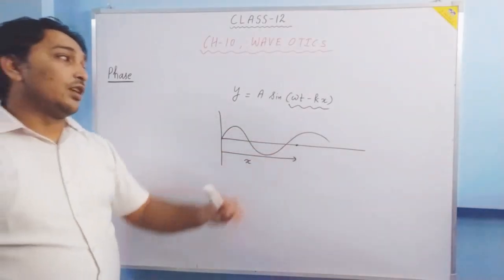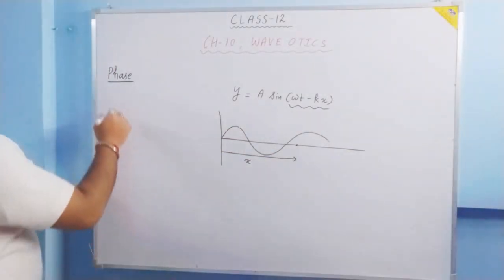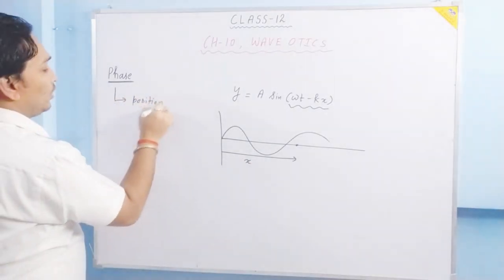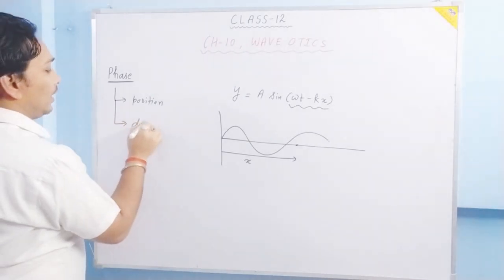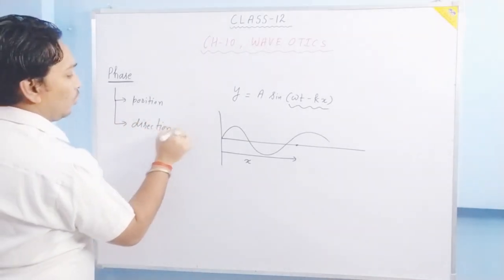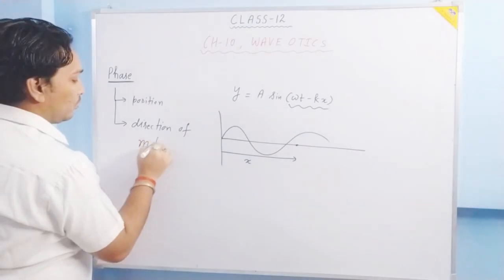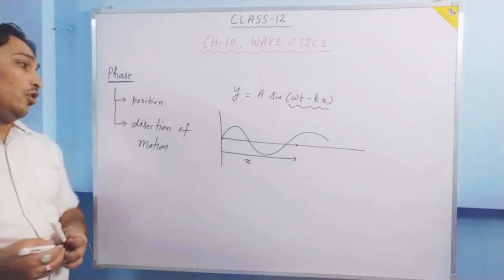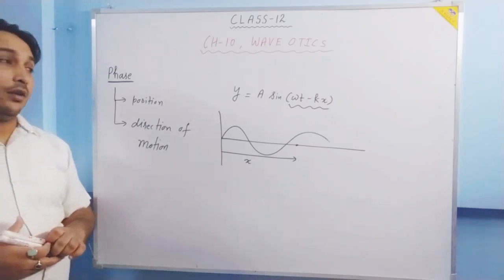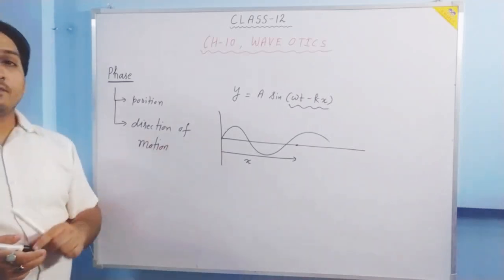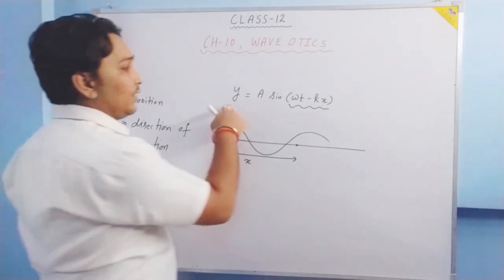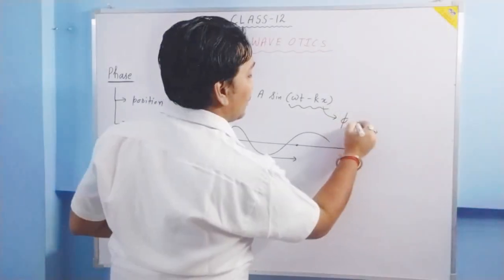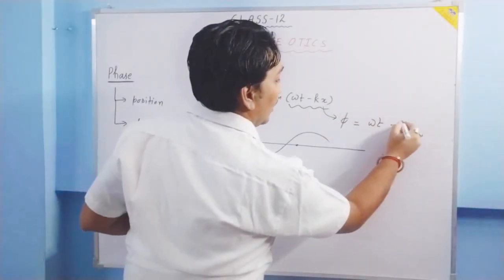Phase describes the position and direction of motion of a particle when the wave travels through it. So in y is equal to A sine (omega t minus kx), this omega t minus kx is our phase. Phi is equal to omega t minus kx.